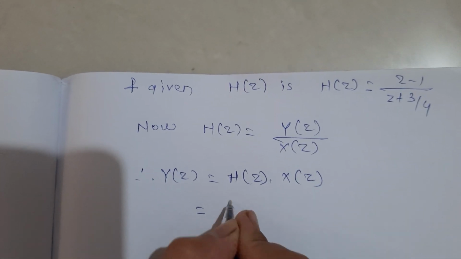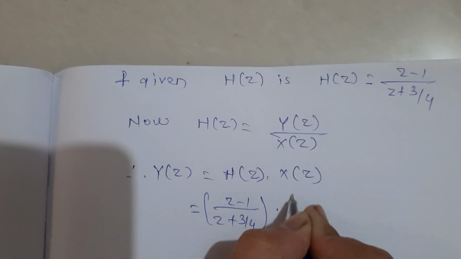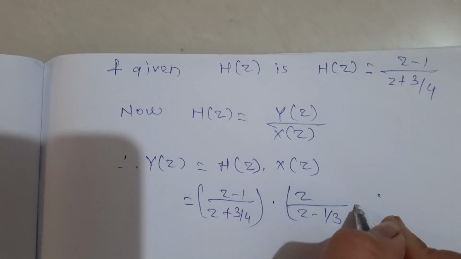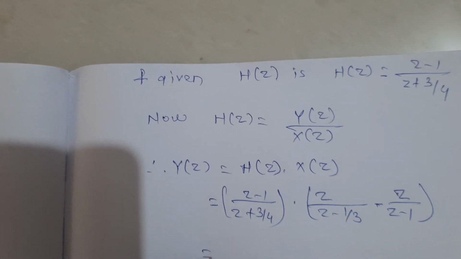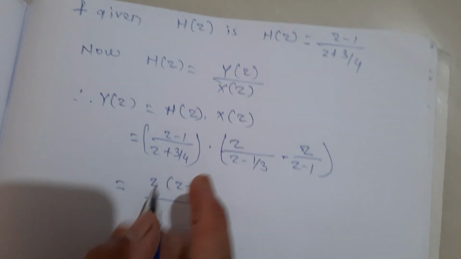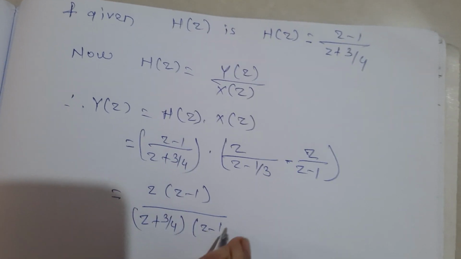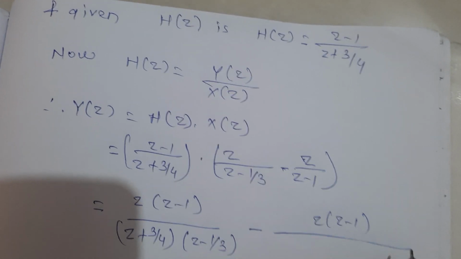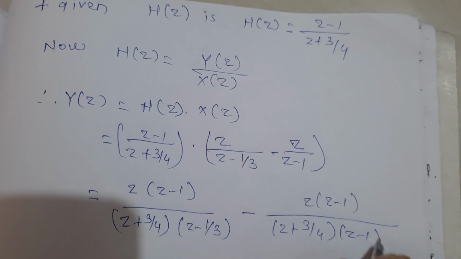So it is (z - 1)/(z + 3/4) into [z/(z - 1/3) - z/(z - 1)]. So again we can write it is z(z - 1) divided by (z + 3/4)(z - 1/3) minus z(z - 1)/((z + 3/4)(z - 1)).